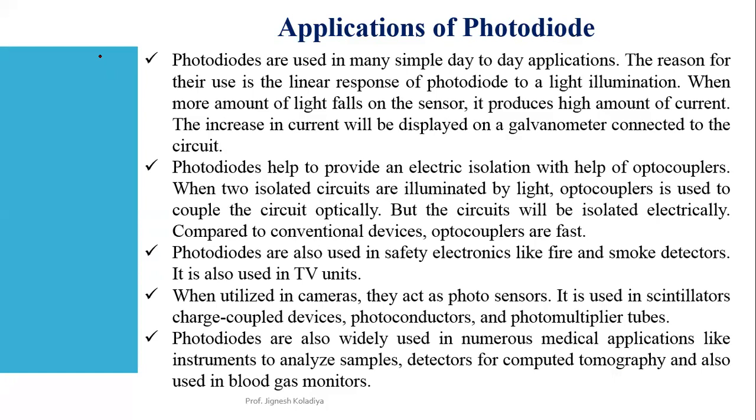The increase in current will be displayed on a galvanometer connected to the circuit. Photodiodes also provide electric isolation with the help of optocouplers. When two isolated circuits are illuminated by light, an optocoupler is used to couple the circuits optically, but the circuits will be isolated electrically compared to conventional devices.